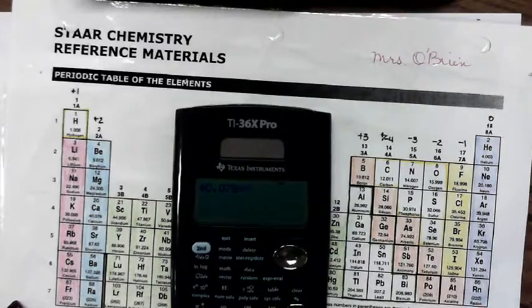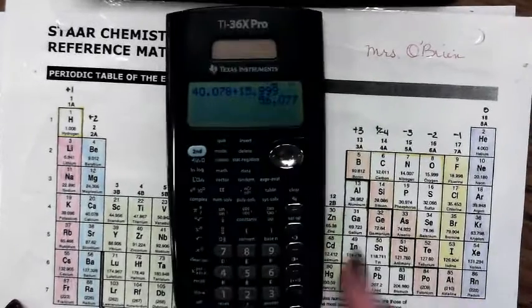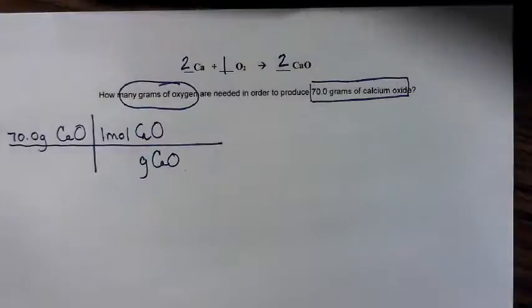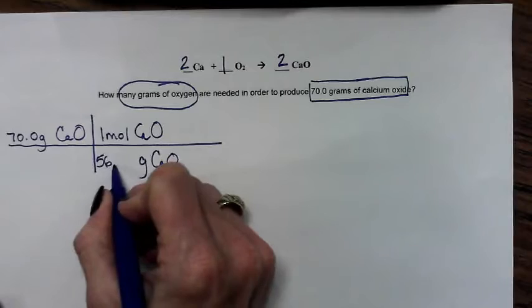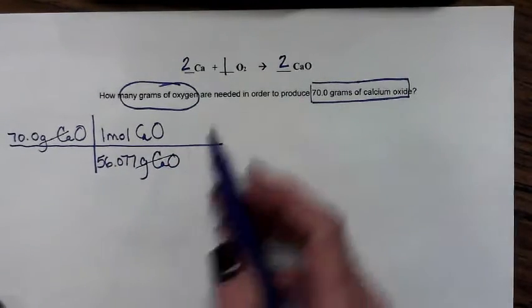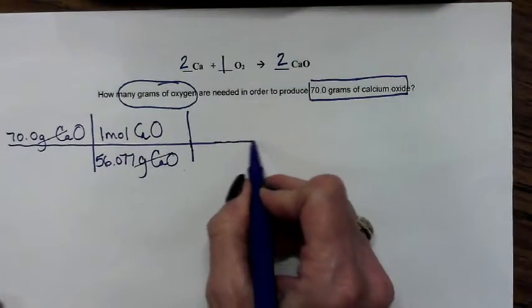Molar mass of oxygen, 15.999. And hit the equal sign. Look, there you go. 56.077 is the mass in a mole of calcium oxide. So 56.077 grams in a mole. Cancel my grams. Disco down the unit. Put moles of calcium oxide over here.